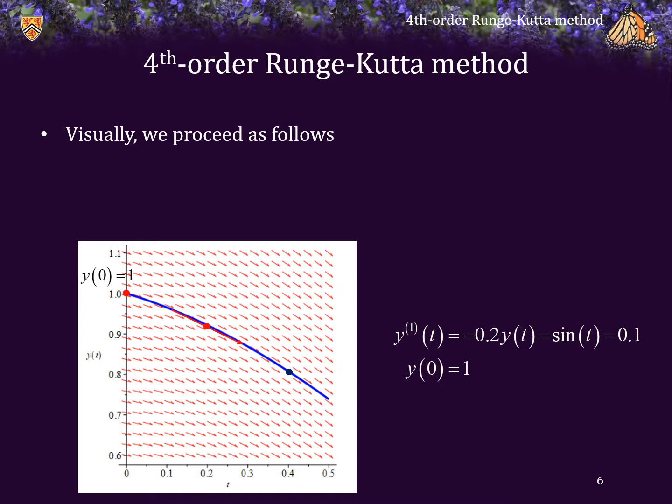This is the slope S2. And then we will follow that slope out a distance h. That gives us the 4th point. We will sample the slope at that point, and that will be our 4th slope. Having done so, we take a weighted average of those 4 slopes and follow that weighted average out a distance h.